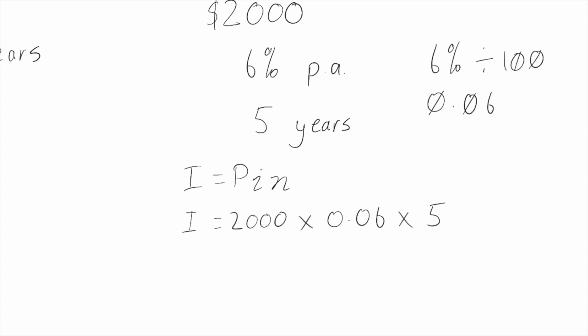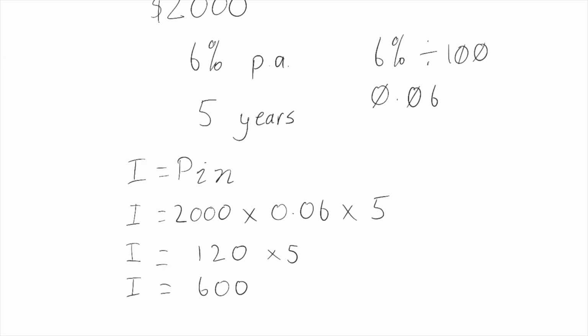And if we multiply 2,000 by 0.06 by 5, we will get the interest that we paid. So what did we get? Well, 2,000 times 0.06 is 120, times 5 is going to give us 600. So the interest that we are going to be paying on that loan is $600.